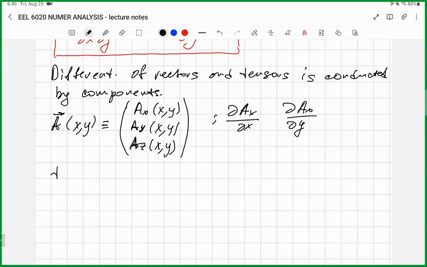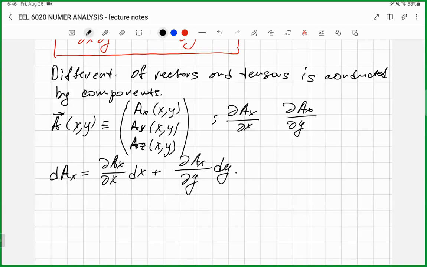The total differential of this particular component Ax will be dAx over dx dx plus dAx over dy dy. Here Ax stands for the vector component, and the vector component itself is a function of coordinates x and y, so for the total differential we have to take both terms.